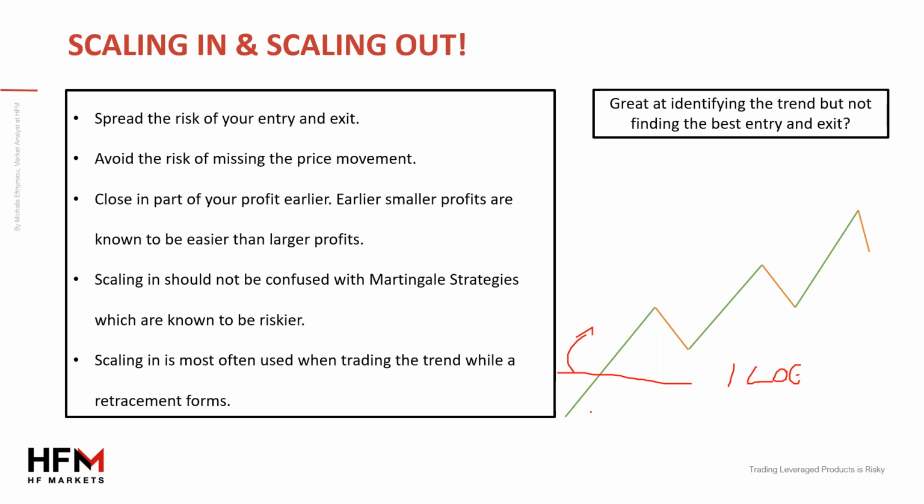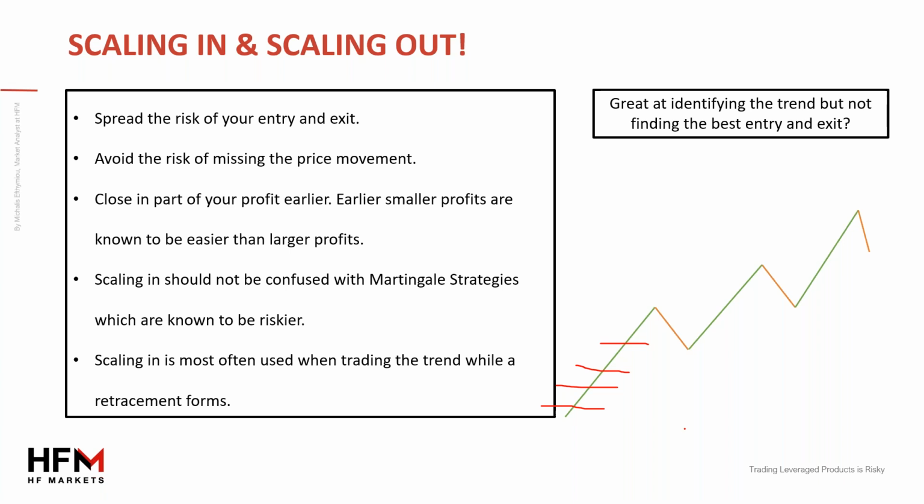Instead of opening one large trade here, what we can instead do is what is known as scaling in. Instead of opening one large trade at one price at one time, we open small trades at multiple prices at multiple times. So for example, I instead will open 0.25 lots here, 0.25 lots here, 0.25 lots here, and 0.25 lots here.